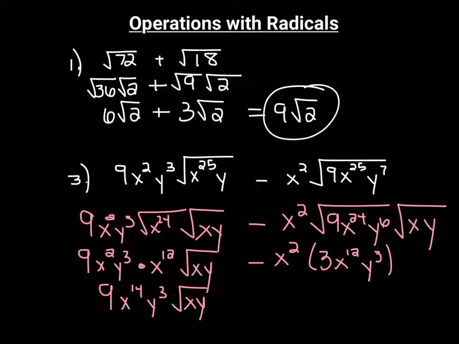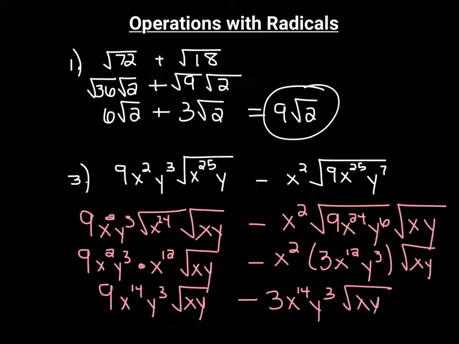And I'll bring down my radical xy. All right, so now we're going to multiply these, and basically the same thing, x squared times x to the 12th, you add the exponents, so it gives you x to the 14th. So we'll have minus 3x to the 14th y cubed radical xy.